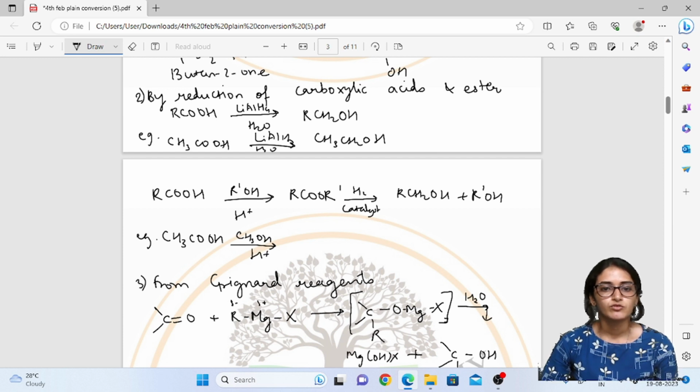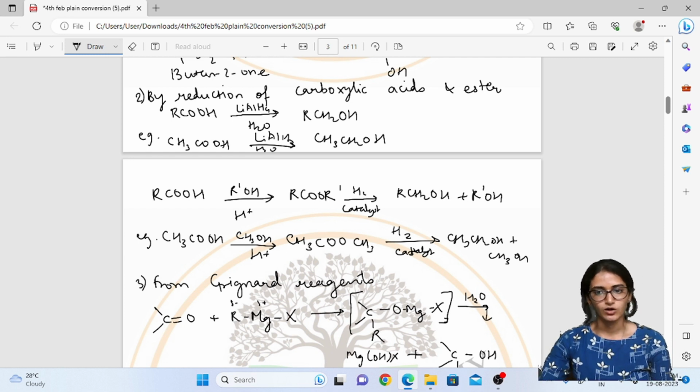In the presence of a proton, it will give us an ester, that is CH3COOCH3. Then this ester is converted to an alcohol. So the ester and some catalyst are used here to give CH3CH2OH plus CH3OH, another alcohol.